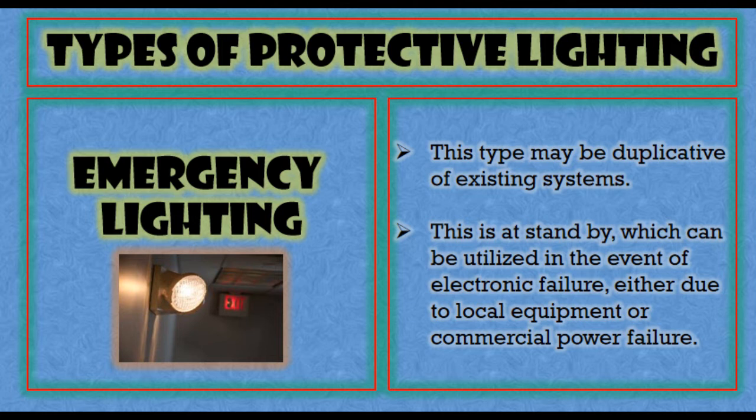So, yun po yung pagkakaiba ng standby dun sa emergency lighting. So, take note of that kasi yan po yung medyo confusing. Just take note of the purpose, yung reason kung bakit siya na-turn on. Yan yung standby and emergency lighting natin. So, those are the 4 types of protective lighting na meron tayo dyan sa notes ninyo.